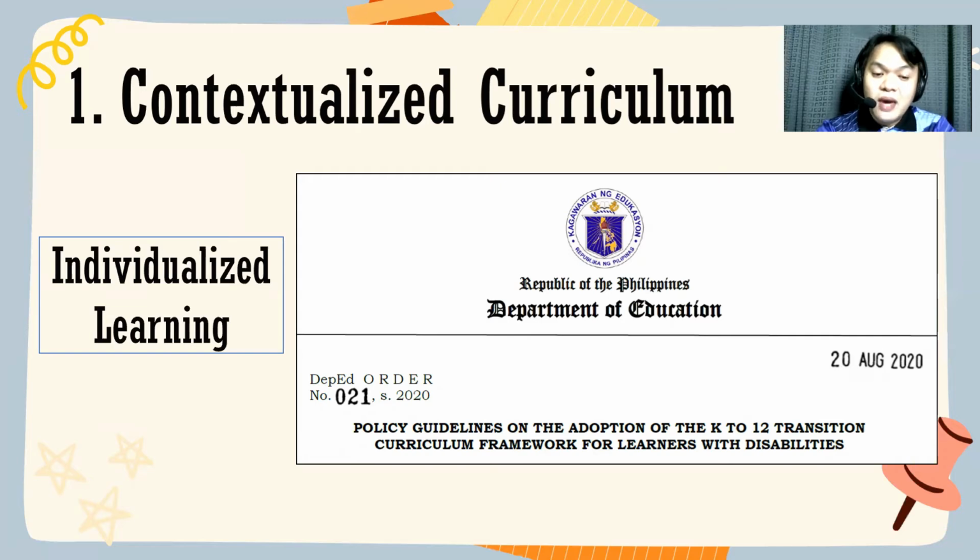Individualized learning is a method of teaching in which the content, the level of difficulty, and the pace of learning are based upon the abilities of the student. Yes, we are following the prescribed curriculum and modules as stipulated by DepEd Order number 21, series of 2020, also known as the Policy Guidelines on the Adoption of K-12 Transition Curriculum Framework for Learners with Disabilities.